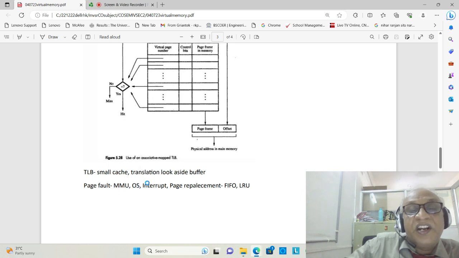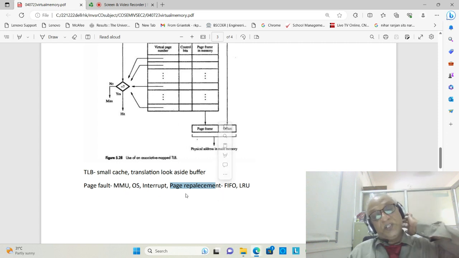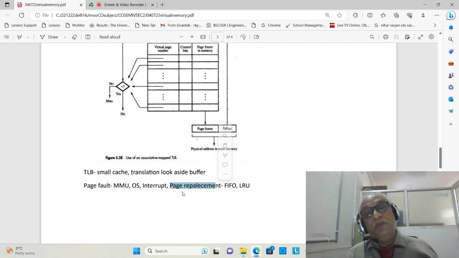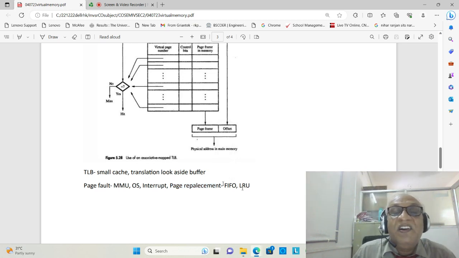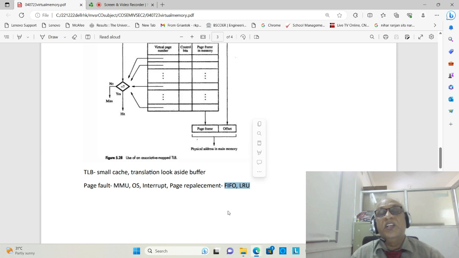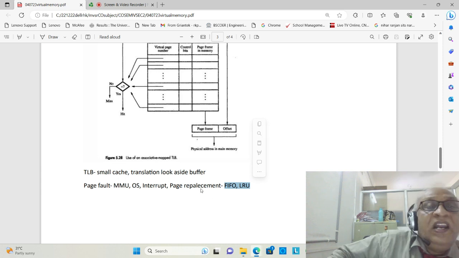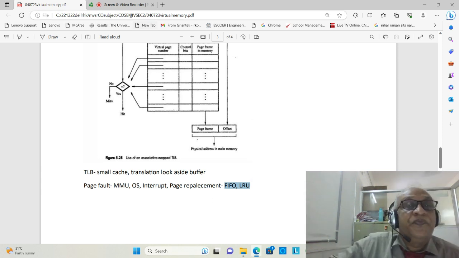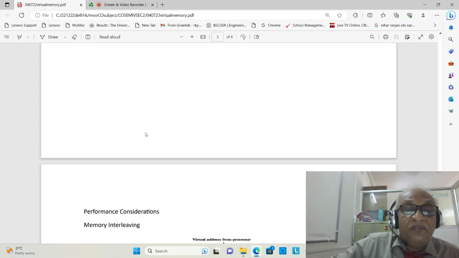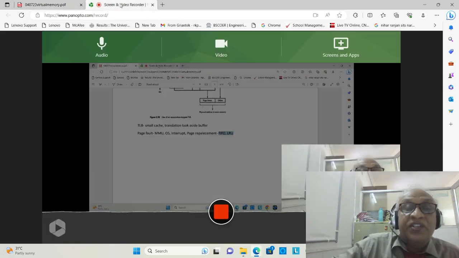The OS will generate an interrupt and carry out page replacement. What is page replacement? It brings in the required page and takes out a page that is not required. How does it decide which page to replace? Using the FIFO or LRU mechanism. FIFO stands for first in, first out, and LRU stands for least recently used. This is what we wanted to discuss today.